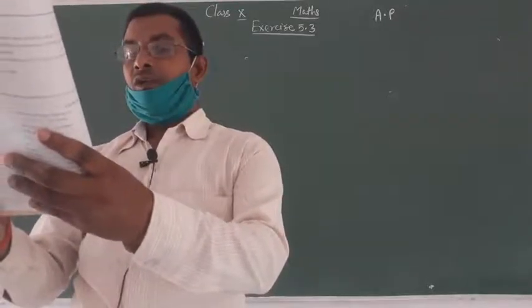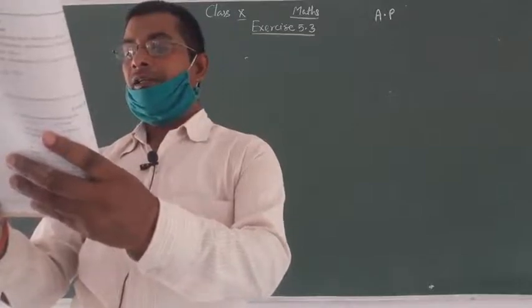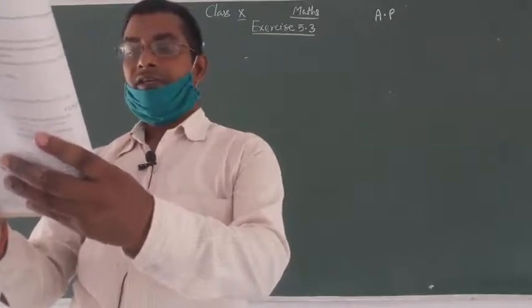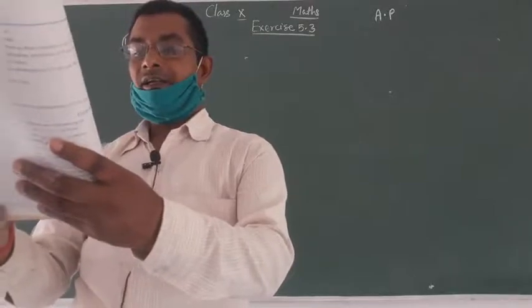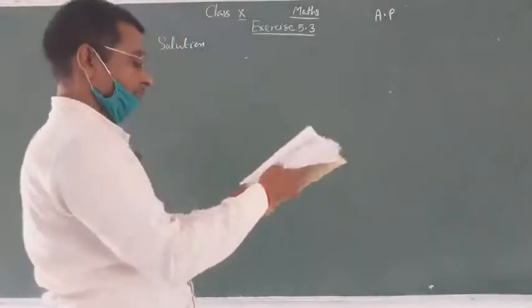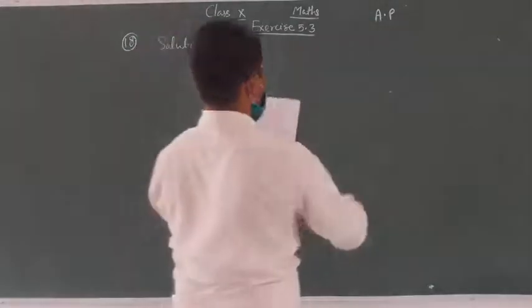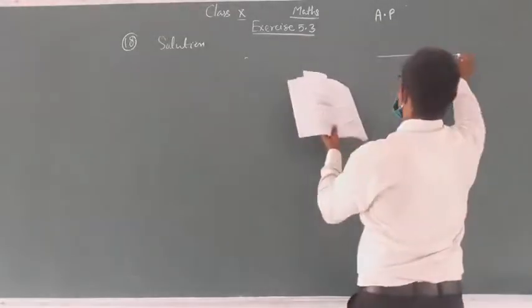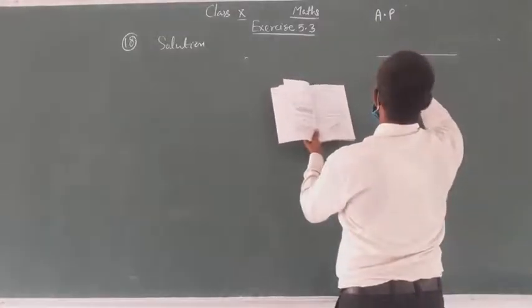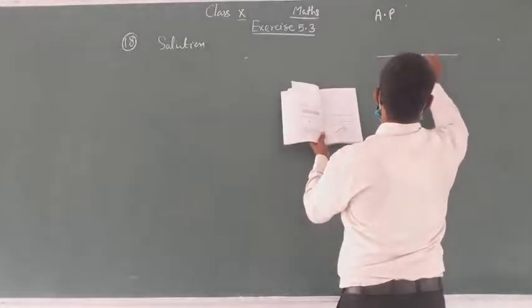What is the total length of such a spiral made up of 13 consecutive semicircles? Take pi equal to 22/7. Now the figure is given, with A and B.